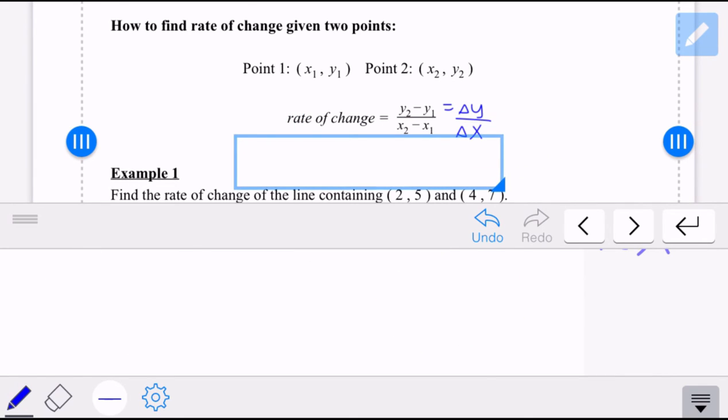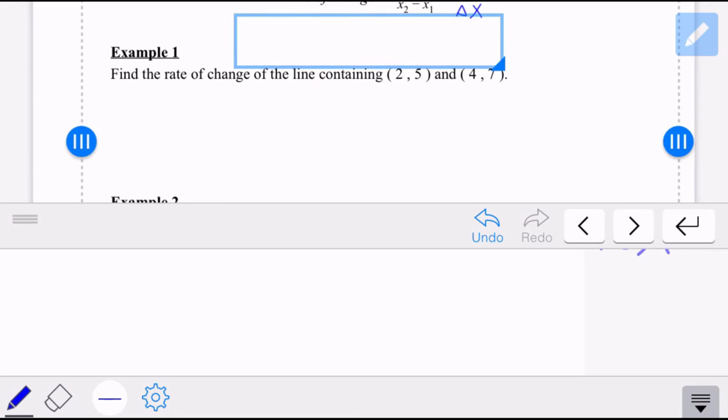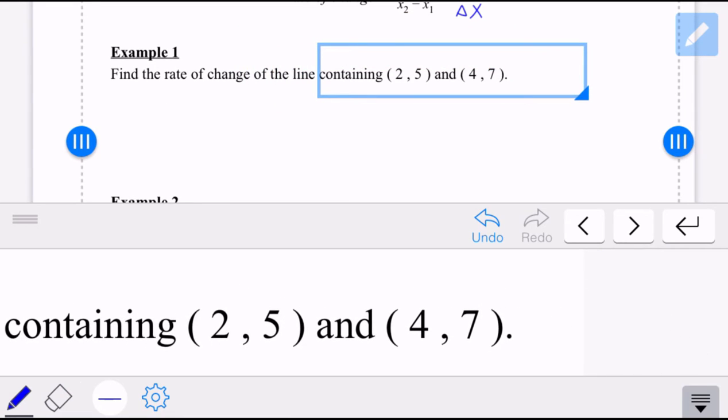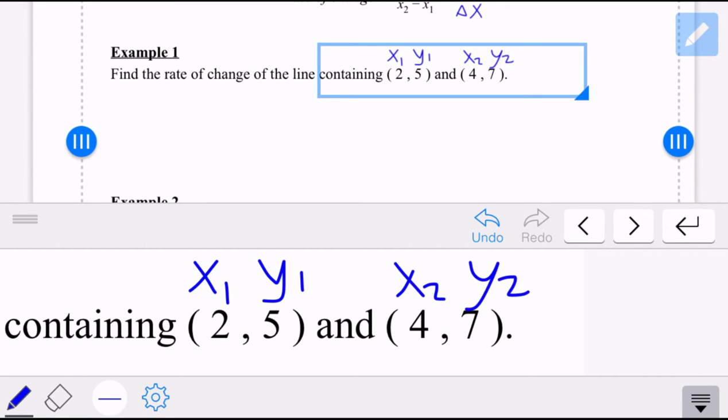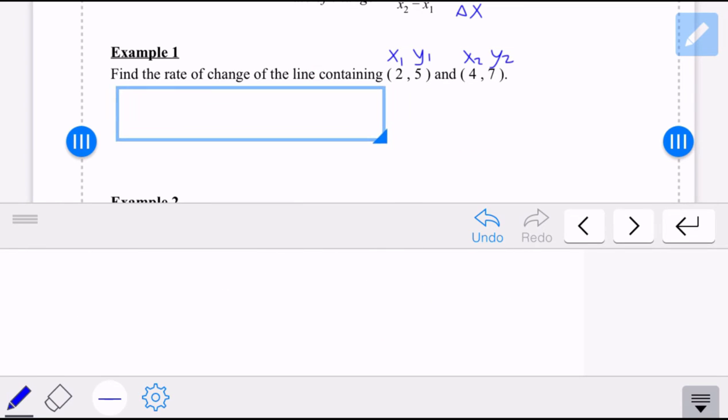So putting that into the points, we've got (2, 5) and (4, 7). So you just need to pick one as your x1, y1, and x2, y2. So I'm going to go ahead and do this one as x1, y1, and this one's going to be x2 and y2. And now I just need to put that into that formula above. So I need to do y2 minus y1.